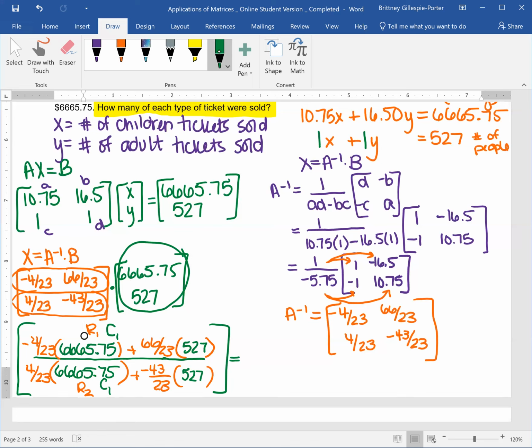And you should get 353, 174. Remember, this is little x, little y in our big X matrix.